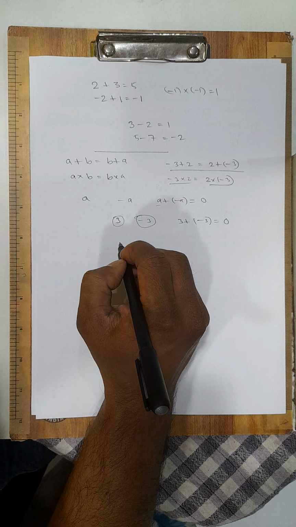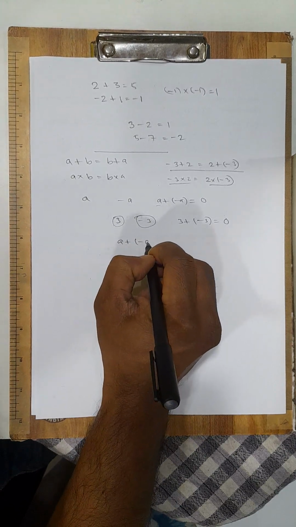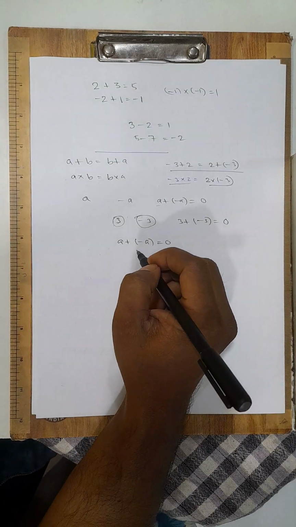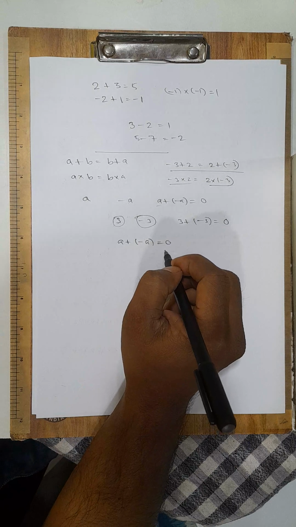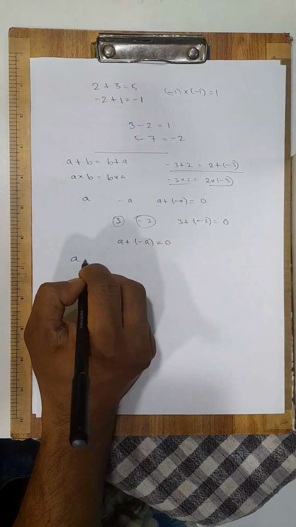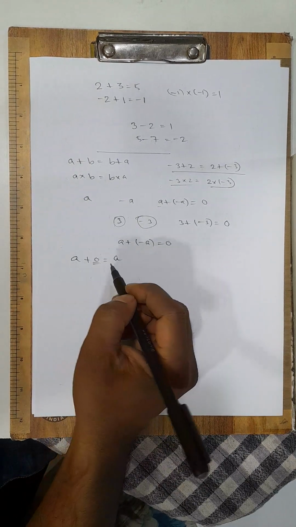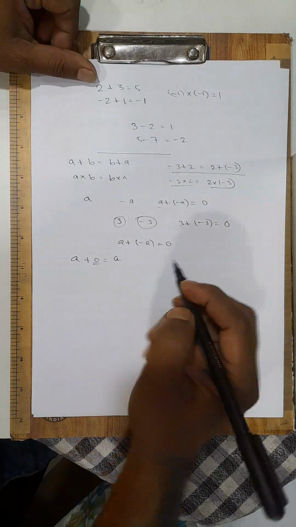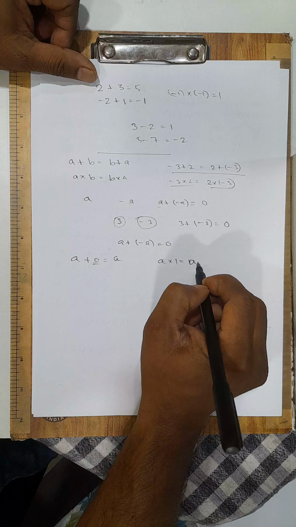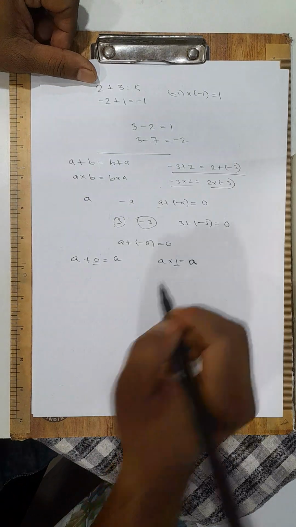That means an integer plus its additive inverse equal to 0. The sum total of an integer with its additive inverse equal to 0. Again, we find that for any integer a, a plus 0 equal to a, and 0 is called additive identity element. Similarly, for any integer a, a multiplied by 1 equal to a, and 1 is called multiplicative identity element.